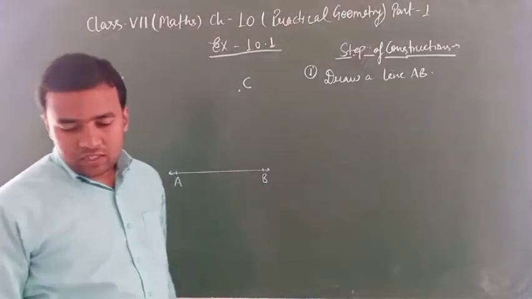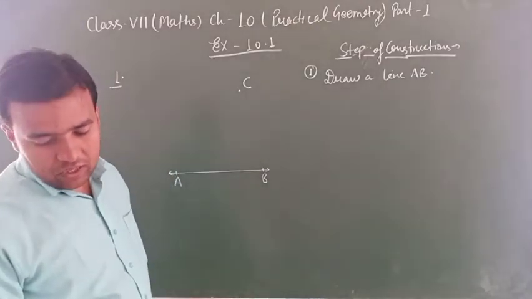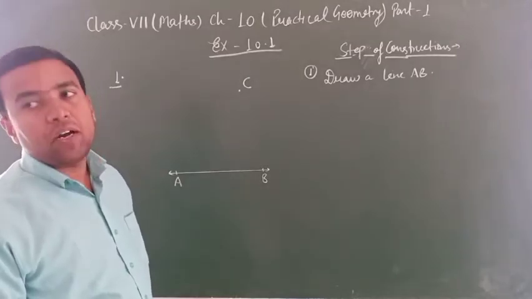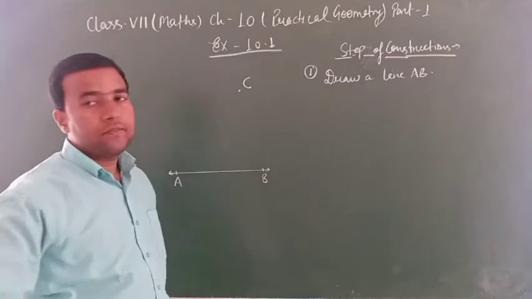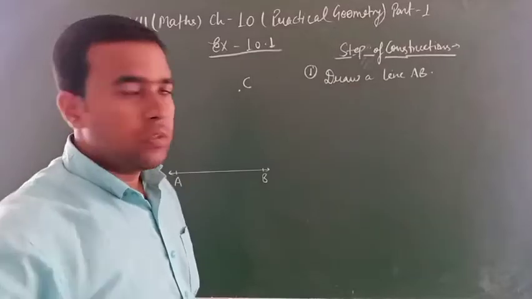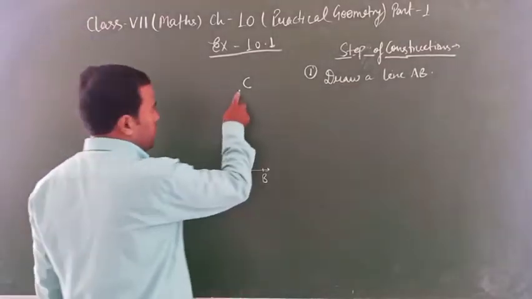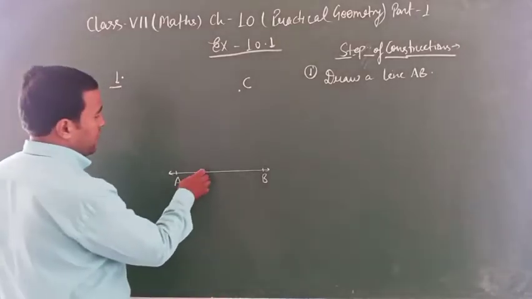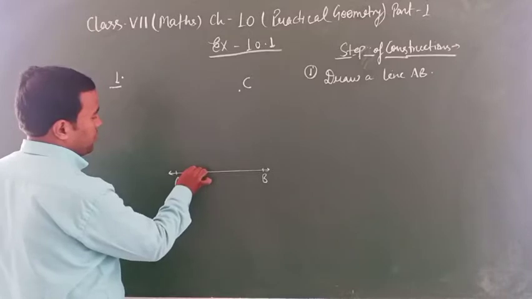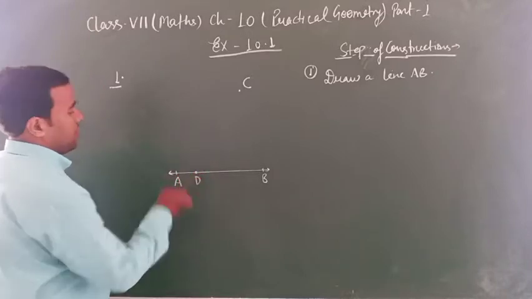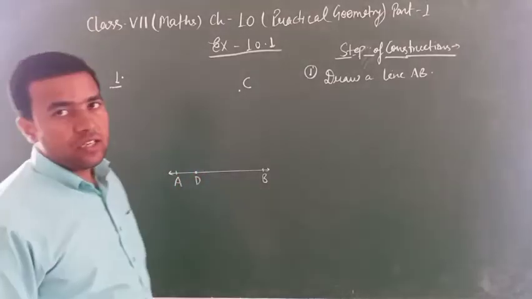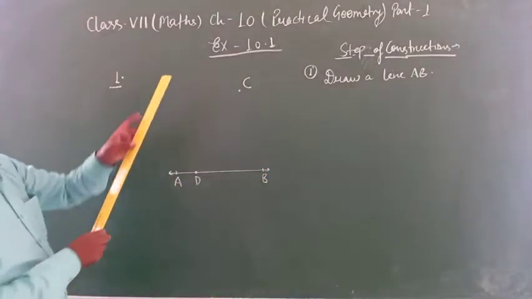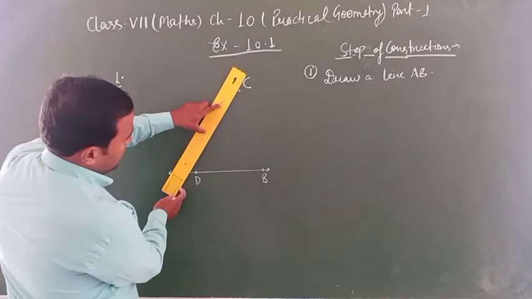Through C, draw a line parallel to AB using ruler and compass. We have taken the outside point C, so one more point we will take on AB. Suppose we have taken D. After that, join CD.